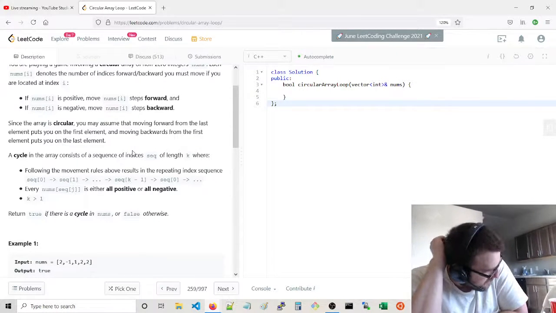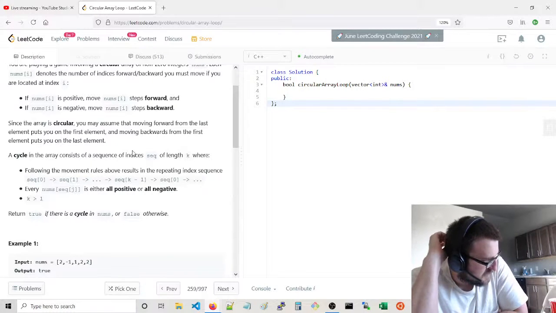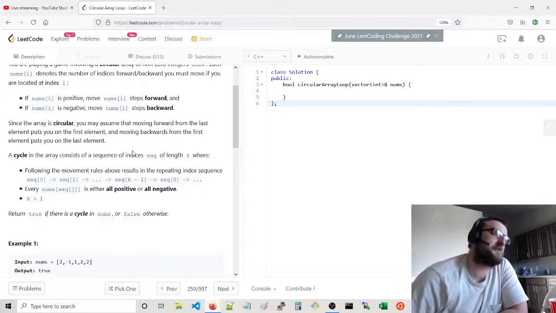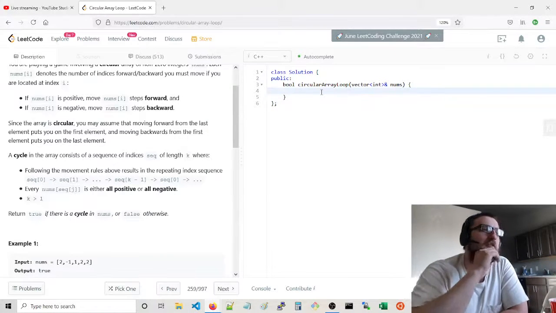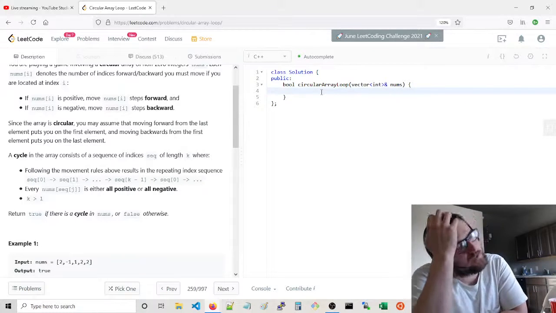Oh no. Doing this with linear extra space is, or constant extra space. Oh no. I really gotta think about this now.